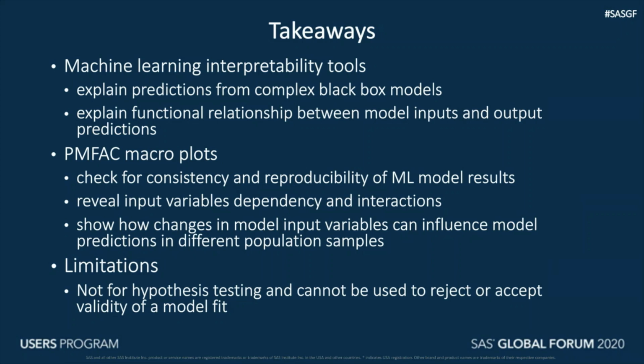The PFAC macro plots that I also showed and talked about during this presentation allow you to carry that further, in that they allow you to check for consistency and reproducibility of machine learning model results. They help to reveal input variable dependency and interactions, and they can also help reveal how changes in input variables can influence model predictions in different population samples.